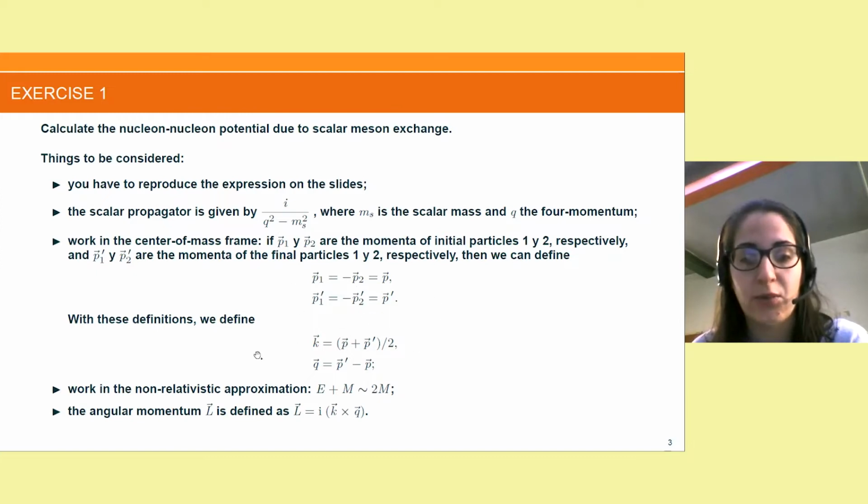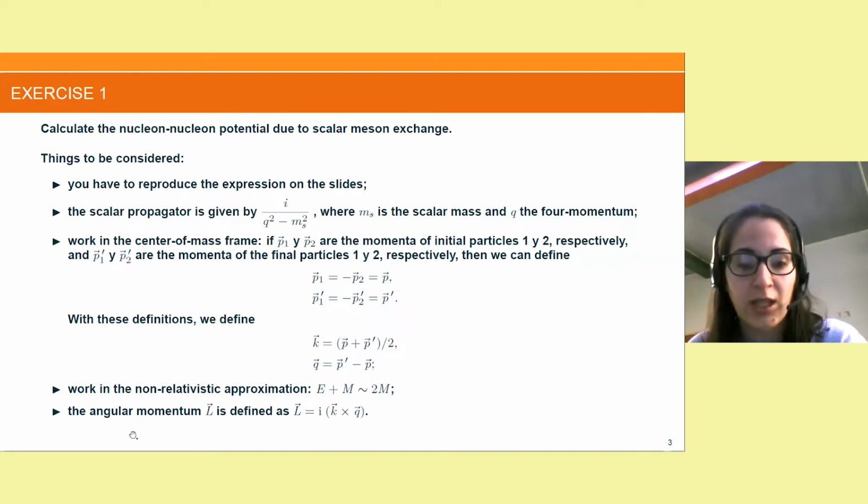And with this, we can also define, this will help us in solving the exercise, K as P plus P prime divided by 2, and Q as the exchange momentum P prime minus P.